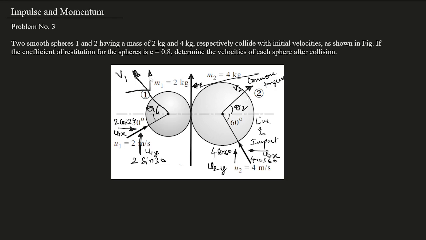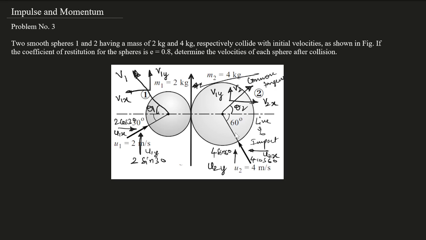This is the vertical one, v1y, this is the horizontal one, v1x. Here also we have two components, v2x the horizontal component and v2y the vertical component. I hope you understood this FBD. This problem is called an oblique impact, because here the velocities are inclined.